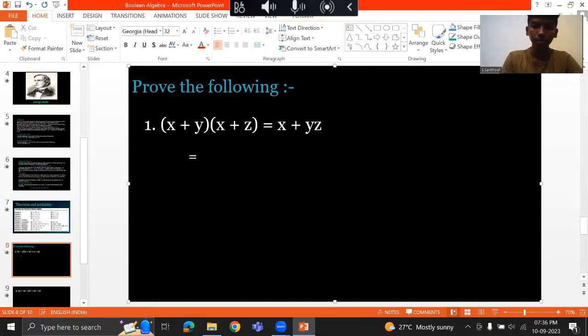So it will be x dot x plus x dot z plus y dot x plus y dot z. Now this can be written, like we saw in the previous theorems, as x into x equals x. So it will just remain as x itself.